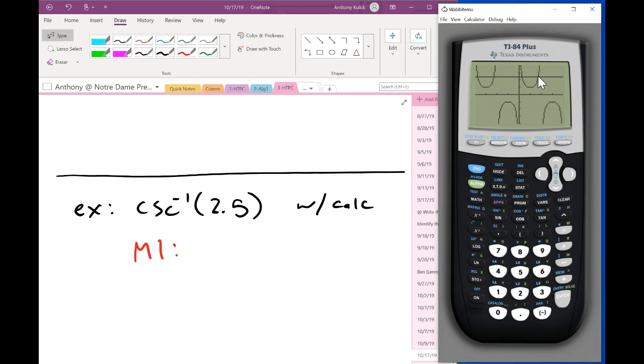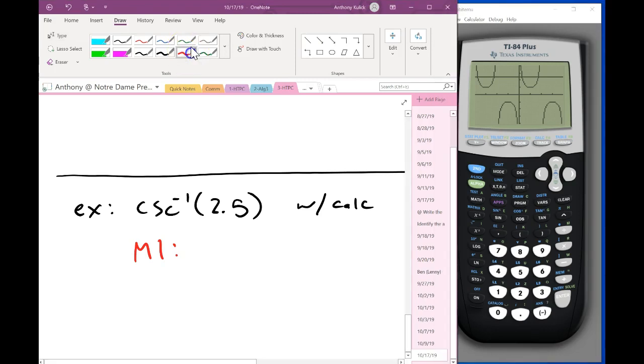Okay. Which one of the 4 do I want as my answer? I need one that lies inside this range. This is the range for sine inverse. It's going to be the same range for cosine or cosecant inverse, Ben.